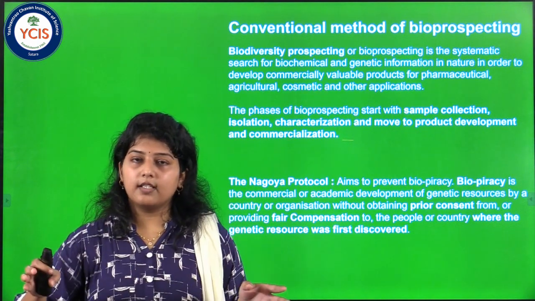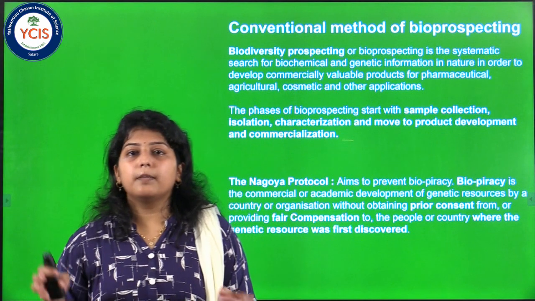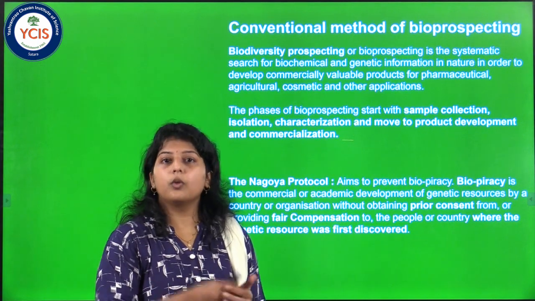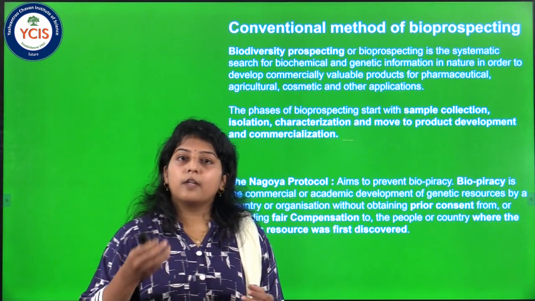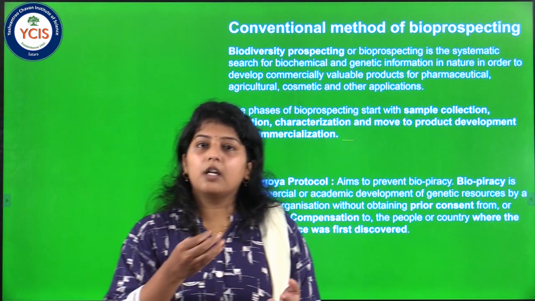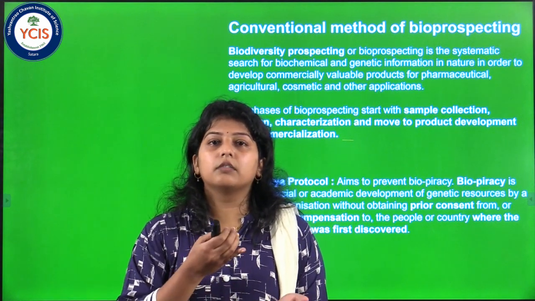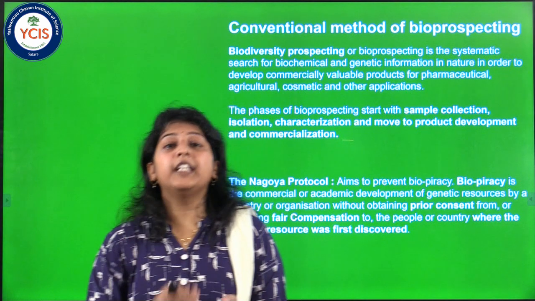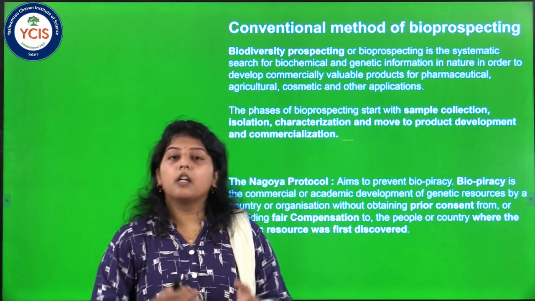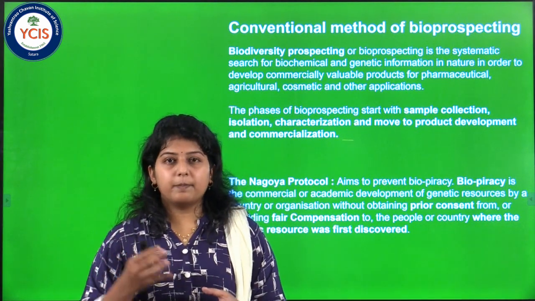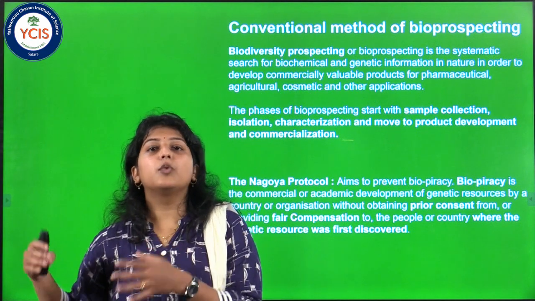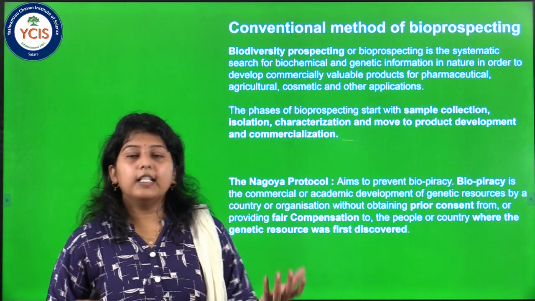There was an issue regarding curcumin or haldi, the neem tree, and basmati rice. All these three are native to India, but foreign nations took patents on all these species, and then we have to pay money for their use.